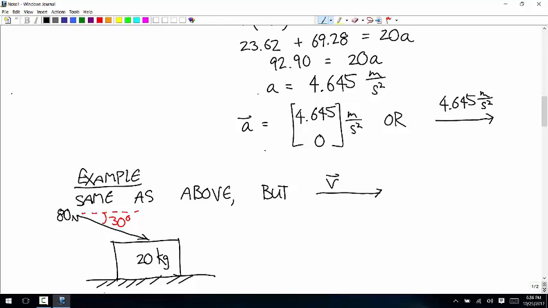That's all friction can do. There's no way to manipulate friction so that it can make something take off. It's always just slowing things down. And so in this case, instead of working with that 80 Newton force to slow the object down, the 80 Newton force was trying to speed it up and the friction was trying to fight against it to slow it down. Any questions about that?